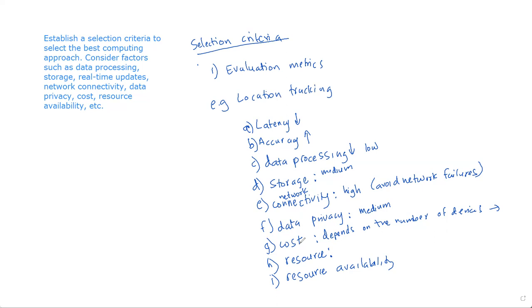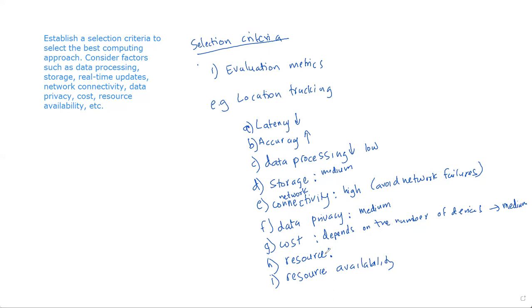And so the amount of cost that you can allocate for this application, you can decide, and you can say I'm going to invest a medium level of cost for this, and I will not spend too much on implementing this application.